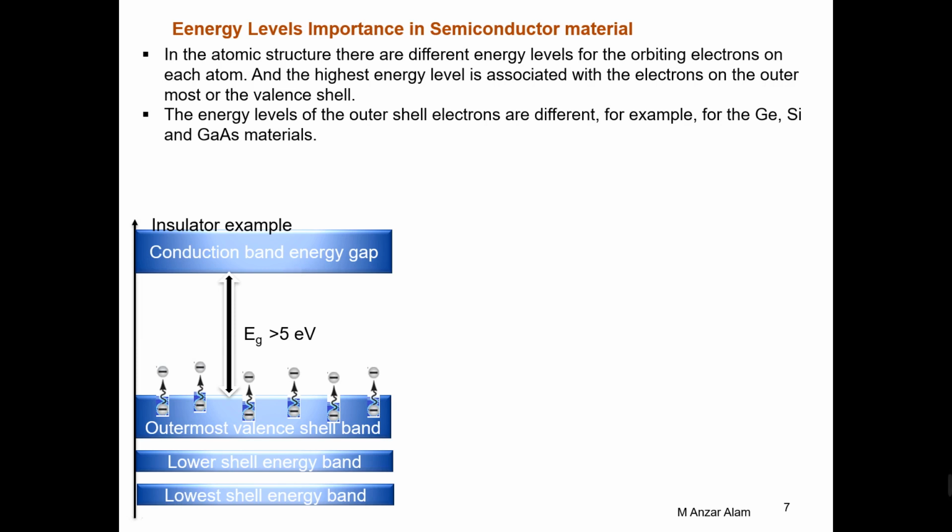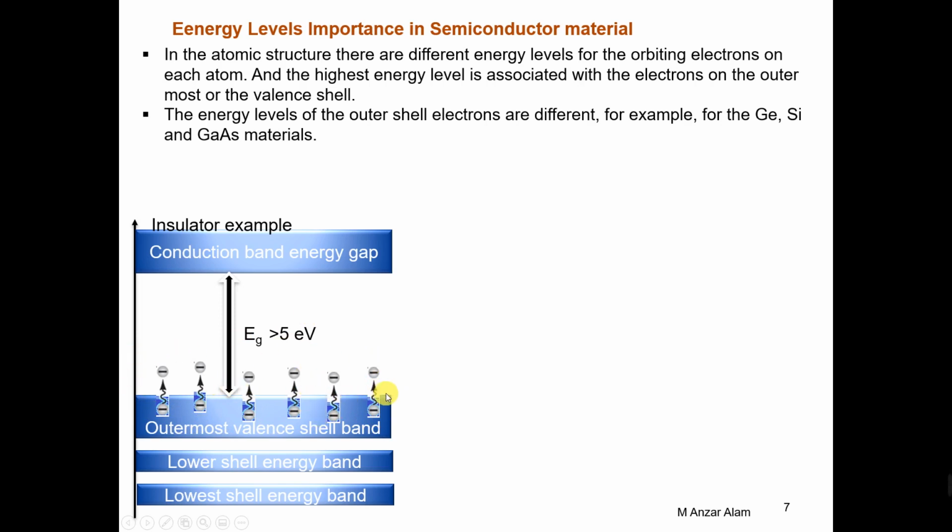So any electron that has to move to the conduction band should get more than 5 electron volts of energy so that it can jump from here to here. The gap is very high. This is not possible for the insulator's outer shell electrons. They do not have enough energy to cross this gap.